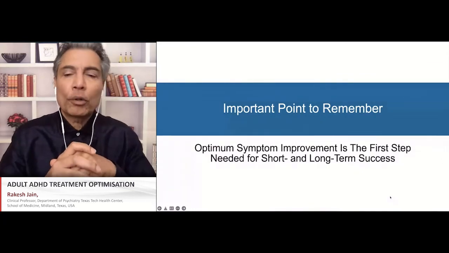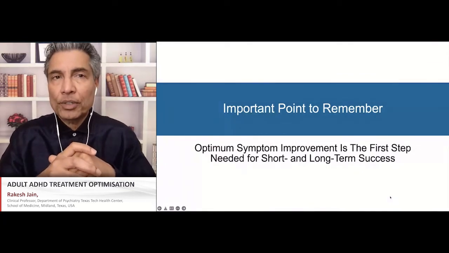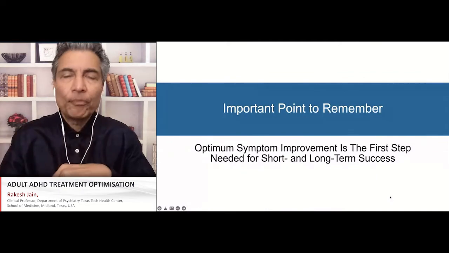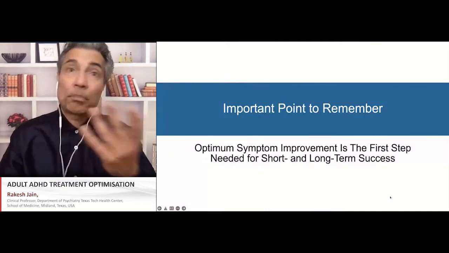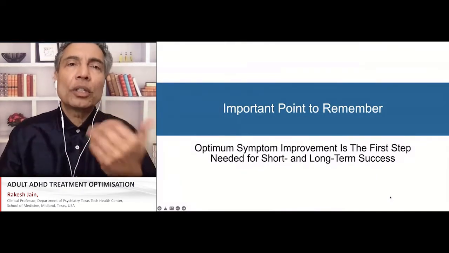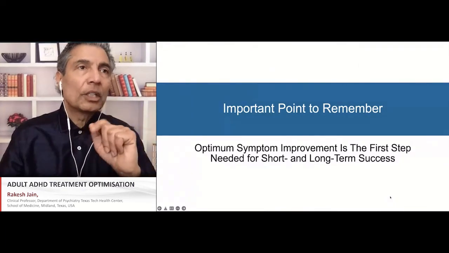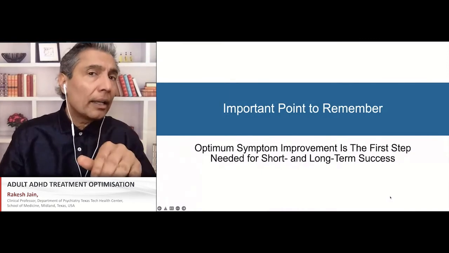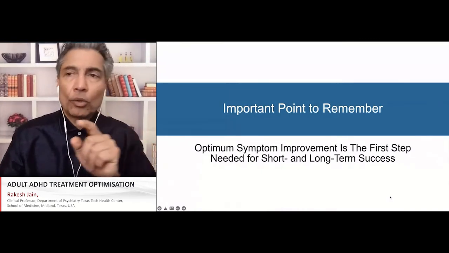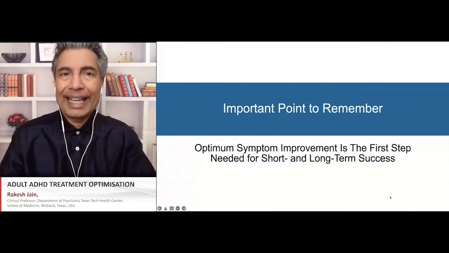We're looking for about 60 to 70%. So if you want to split it in the middle, about 65%, or you might want to say 2/3 improvement from baseline. If those symptoms haven't improved that much, the odds are very high that functionality, quality of life will not be improving as much as possible.